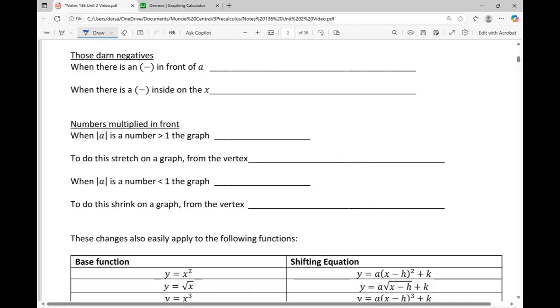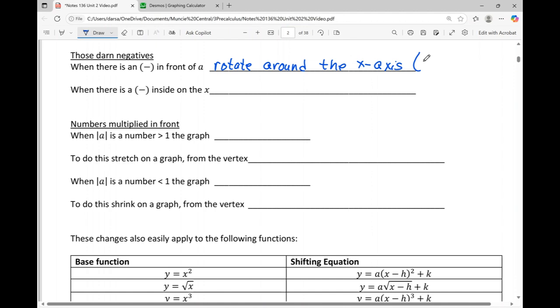So when you put a negative on the front of an equation where the a is, it is going to rotate around the x-axis. You need to recognize that when you see rotate around the x-axis, oh, that's upside down. It's flipping upside down, right?